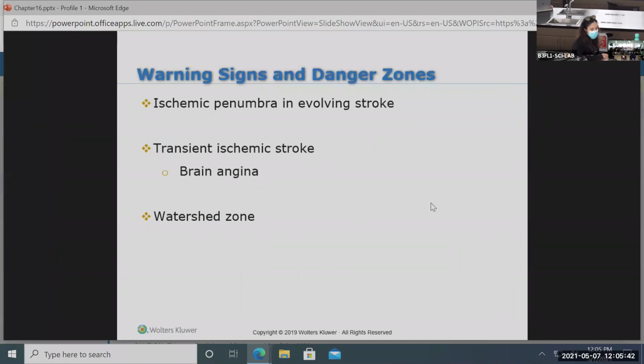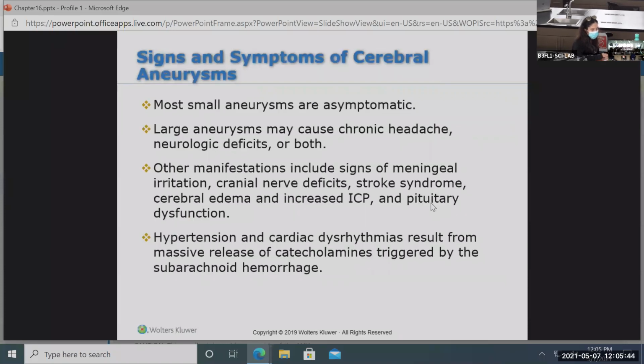These are the warning signs. Signs and symptoms of cerebral aneurysms. Most small aneurysms are asymptomatic, no symptoms, but still I'm living with that one. But a large aneurysm may cause chronic headache, the patient complains of headache, or neurologic deficits, or both.